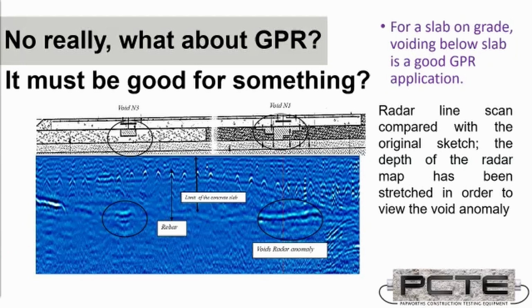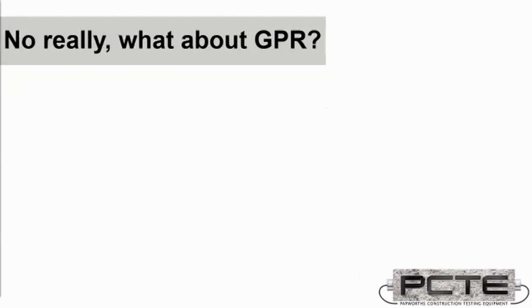And this is a pretty characteristic response. It does require gain settings to be correctly set to be able to compare strong to weak reflections. But this is something which would be a normal task for radar, to look for the strength of the signal coming from the base of the slab, and looking for stronger signals from air rather than ground connection.